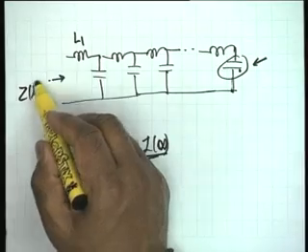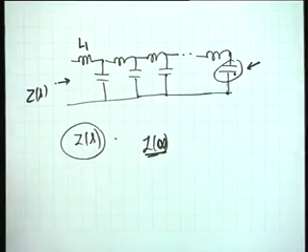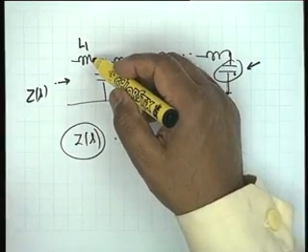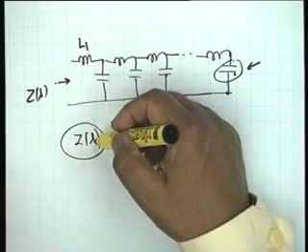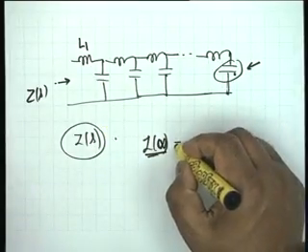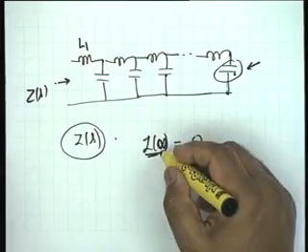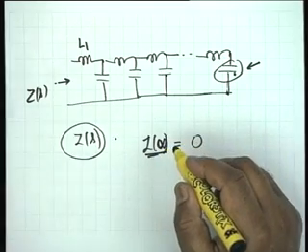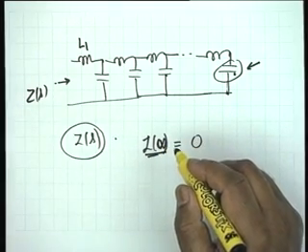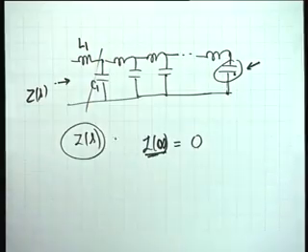If z of infinity is infinity, then obviously L1 shall be there, and L1 will be the residue of z of s at s equal to infinity. On the other hand, if z of infinity equal to 0, then obviously L1 shall not be there, because the impedance function does not have a pole at infinity. It is the admittance which has a pole at infinity, and therefore we start with C1 instead of L1.